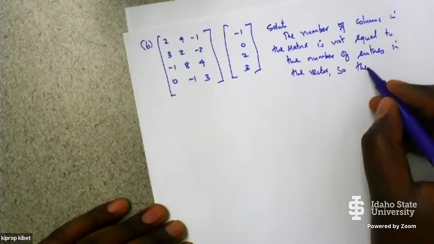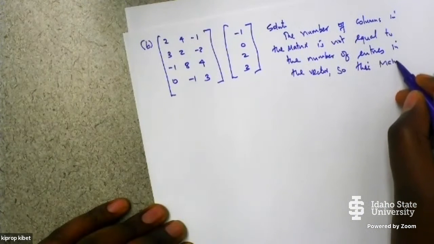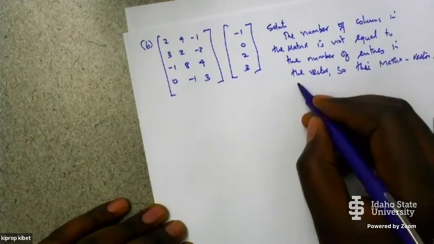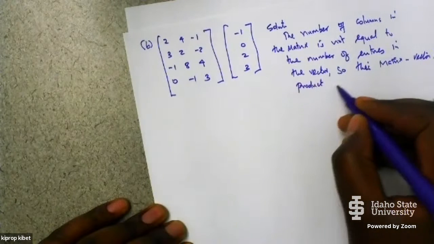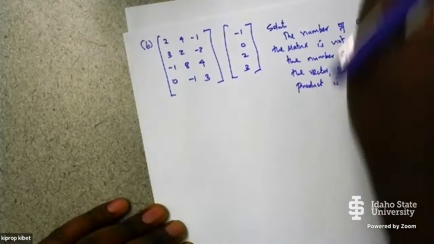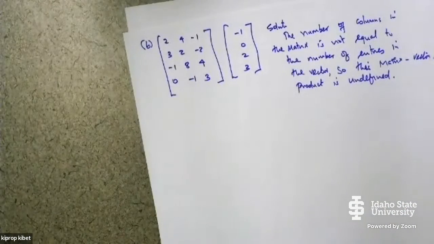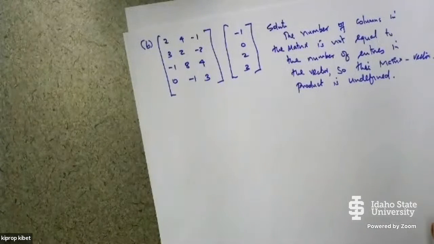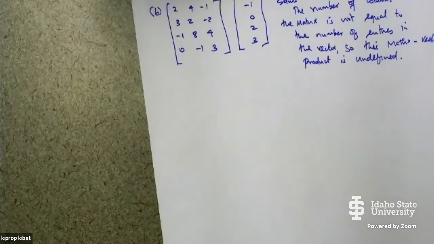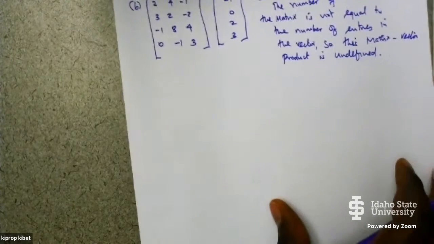So this matrix vector product is undefined. Any question up to there?